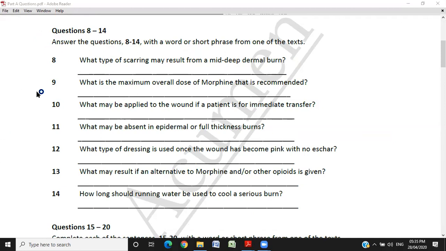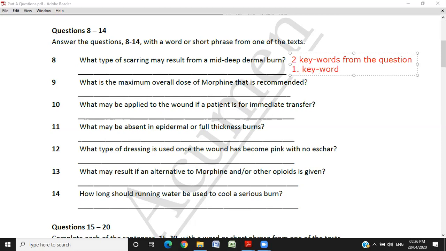So here we have some short answer questions. For scanning, the first thing I will have to do is find out two keywords from the question.